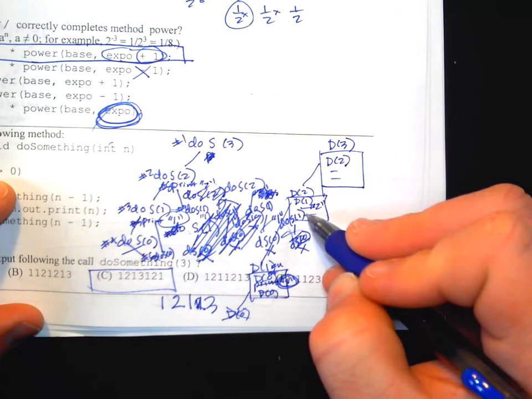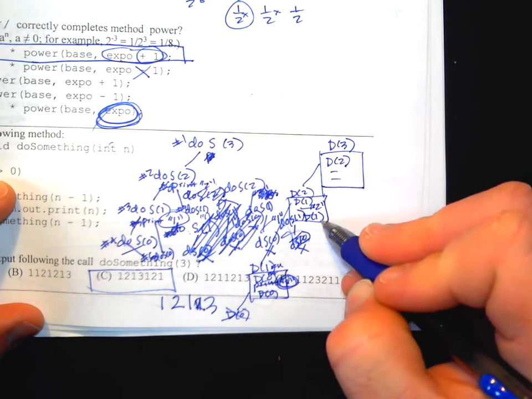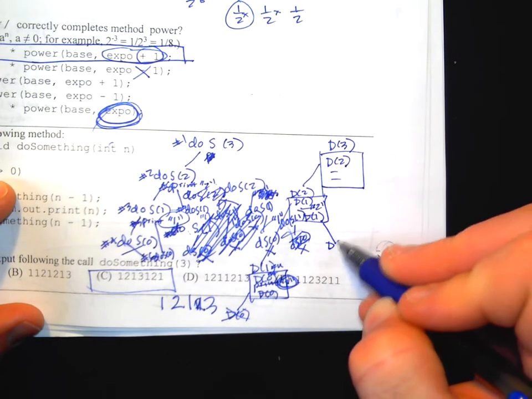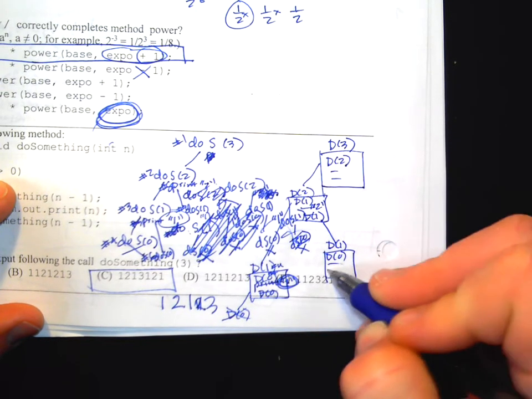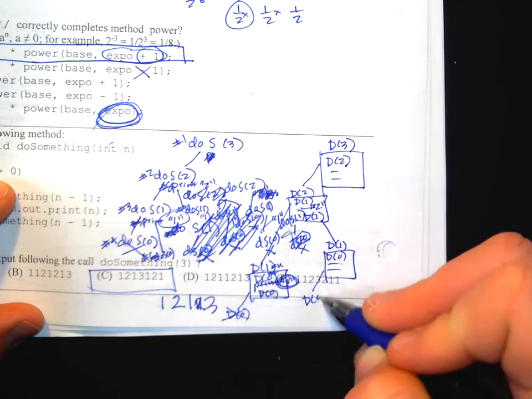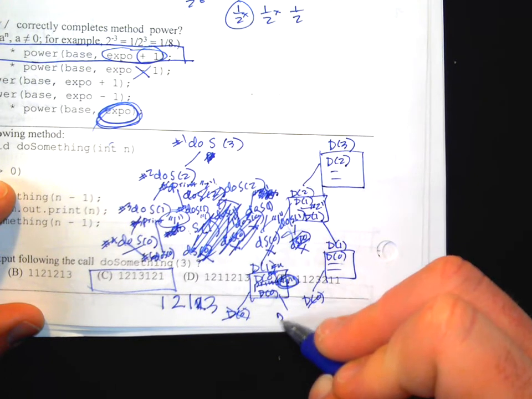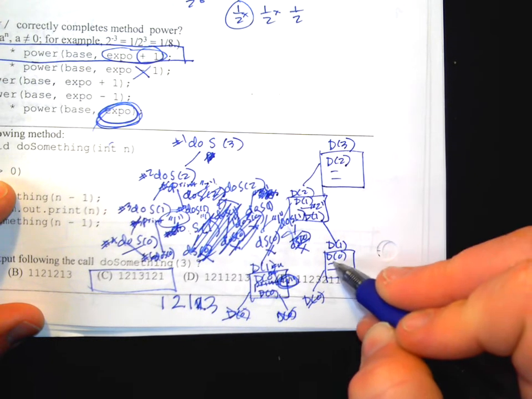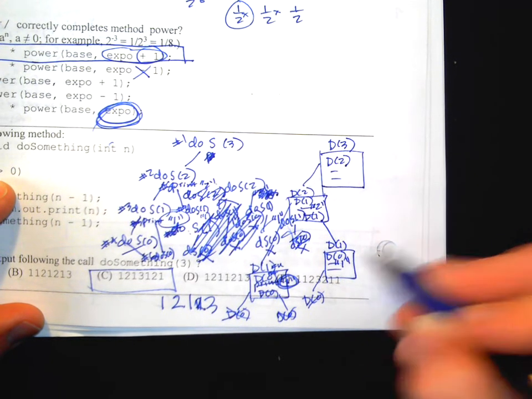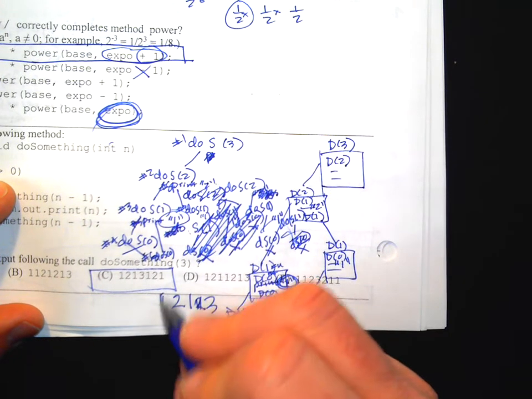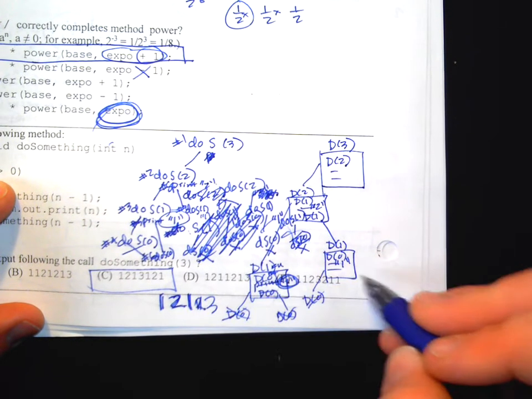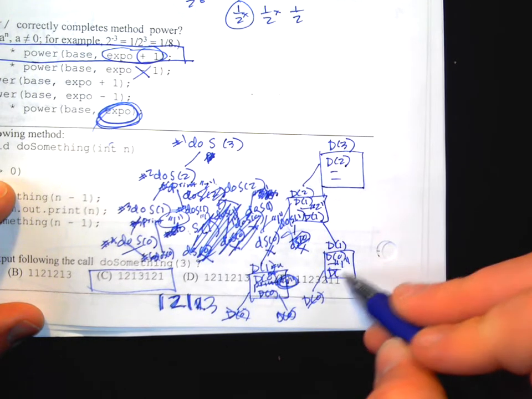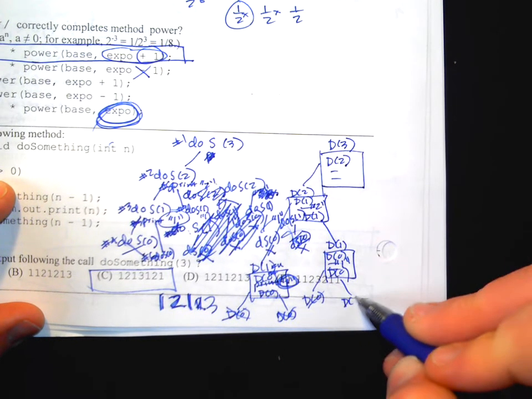And then it calls do something 1, which then we got to do another do something 1, which calls do something 0. Does a couple things. Do something 0 doesn't do anything, just like here. And then it prints a 1 out. Okay, so we're up to 1, 2, 1. And then it calls do something 0 again, and do something 0 doesn't do anything, so it's done.